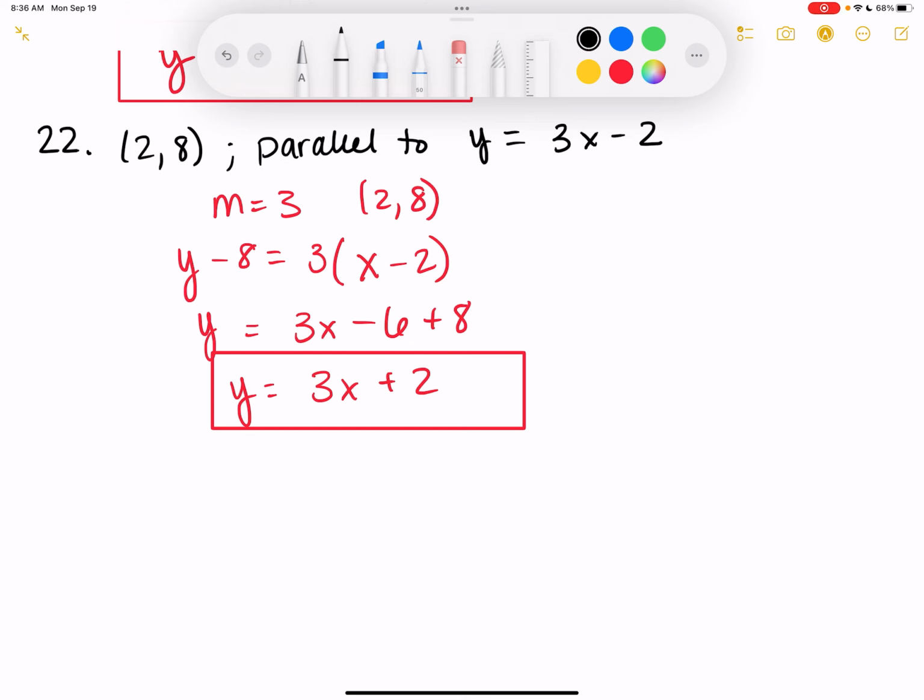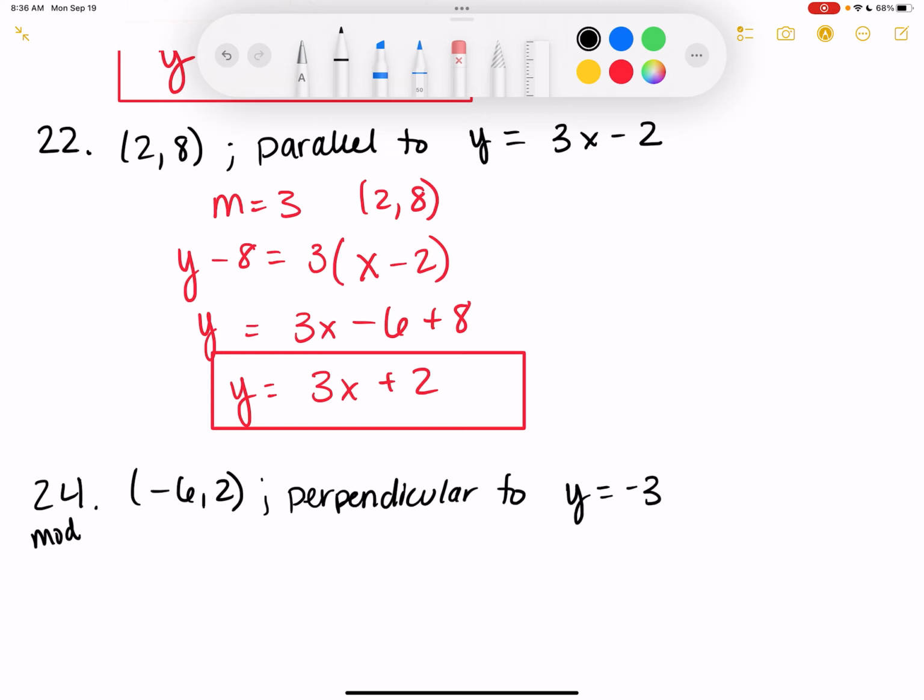All right, let's do a perpendicular one. I'm going to actually modify this problem a little bit just because of what it is. I want to make it a little bit harder. So the point -6, 2 and perpendicular to y equals -3x minus 2. So the slope of the line I'm given is what? -3.